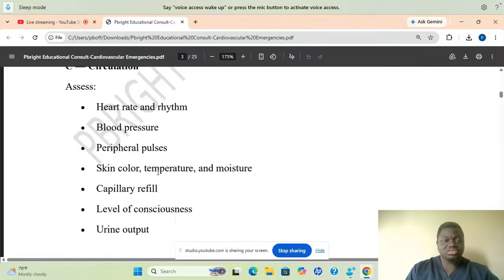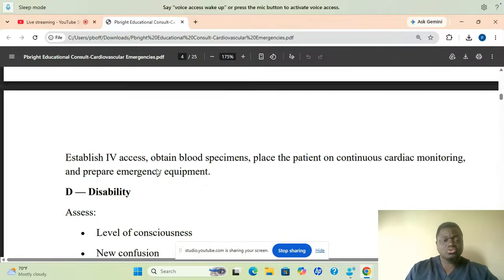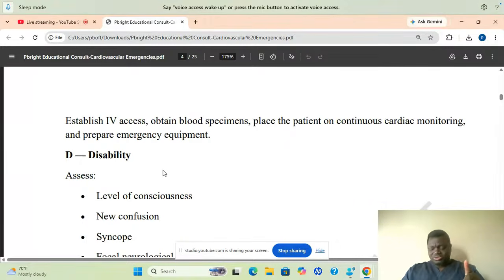Temperature is under the circulatory system, so add it. Quickly, what are the things the nurse will do? The nurse should establish the IV lines, a large bore, 20 gauge, 18 gauge, 16 gauge. Yes, you do quickly.